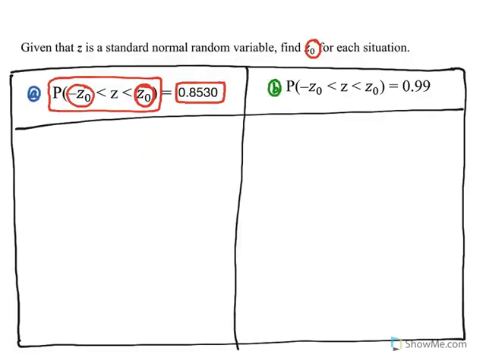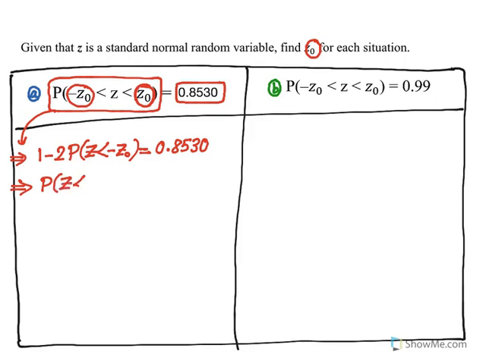So let's go back, and here we would say that this implies that 1 minus 2 times the probability that Z is less than negative Z0 is equal to, given, 0.8530. And notice that in this case you can solve for what then would be the probability that Z is less than negative Z0.